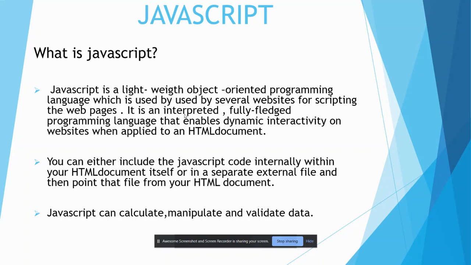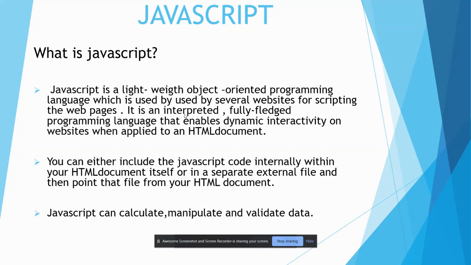Okay. Normally JavaScript is mainly used to make web pages dynamic and interactive when applied to an HTML document. JavaScript can be included in an HTML document in two ways. One is internally and another one is externally.